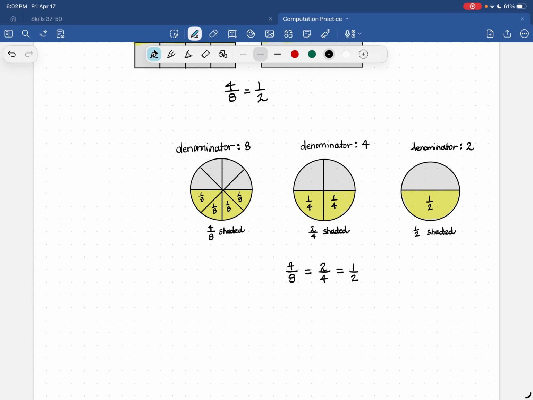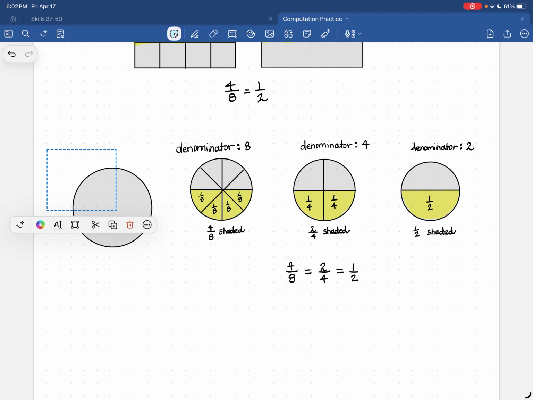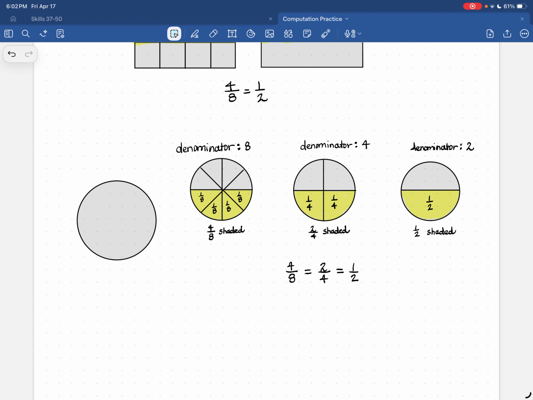We don't want to change the amount of pizza, we just want to change the number of cuts. And see, that is too big. That is a size of a pizza that doesn't match the other 2. So let me shrink it just a little bit. I really want it to be as close as I can get it.